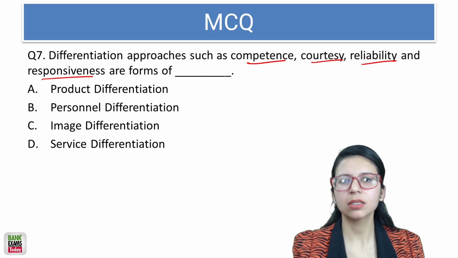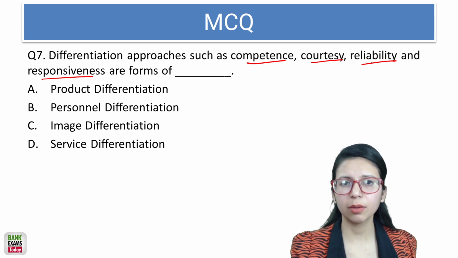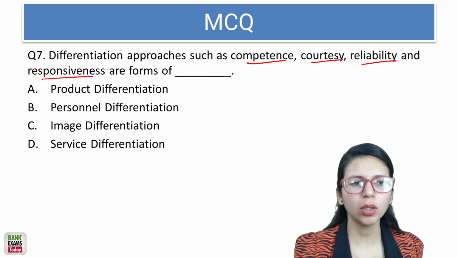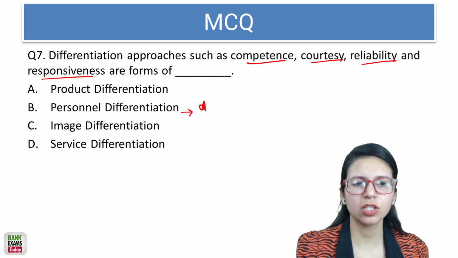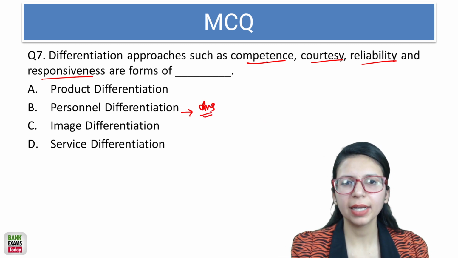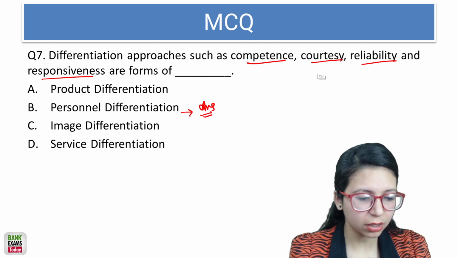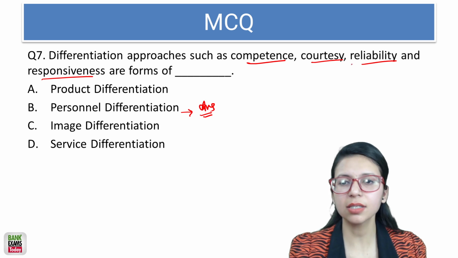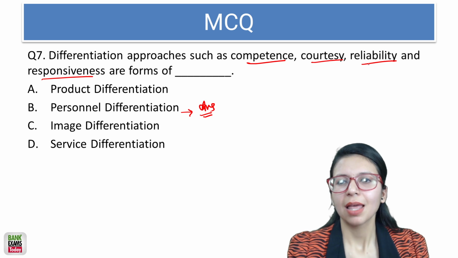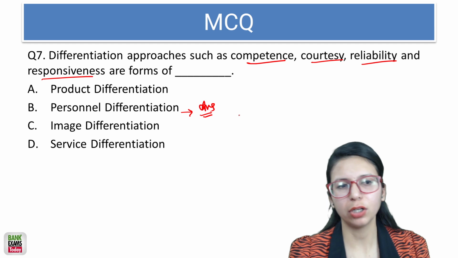The competence, the courtesy in employees, whether the employees are reliable, and responsiveness are all part of personal differentiation. That is our answer. Personnel have to be competent, they should be courteous, sorry, courteous. Sorry, that's a tongue twister for me. Okay, then reliable, and then responsive. They should be all of that.